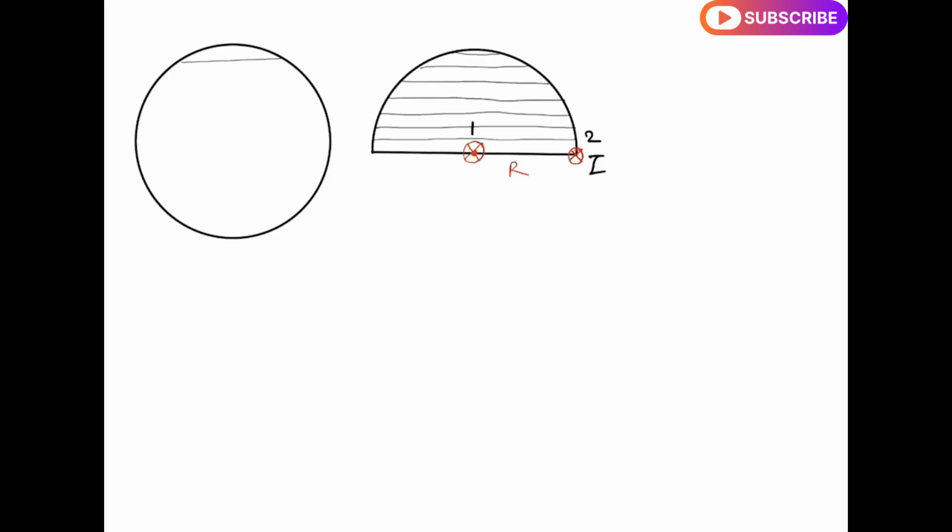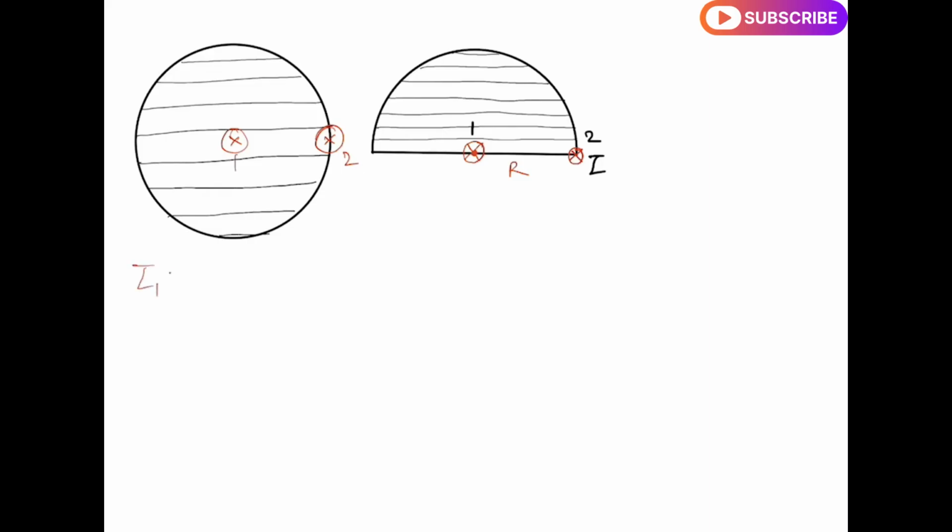The moment of inertia about this axis which is passing through the periphery, this is 2 and this is 1, can be obtained by applying the parallel axis theorem.